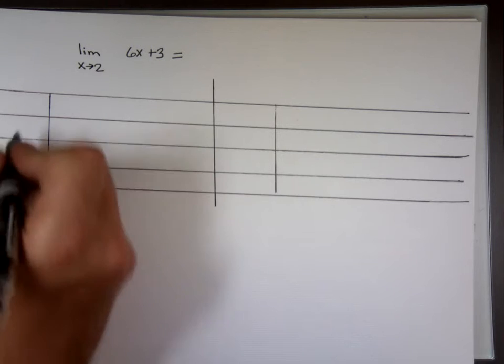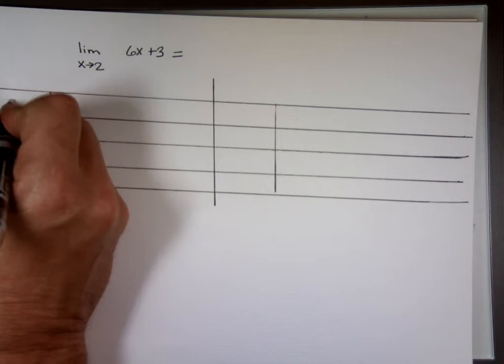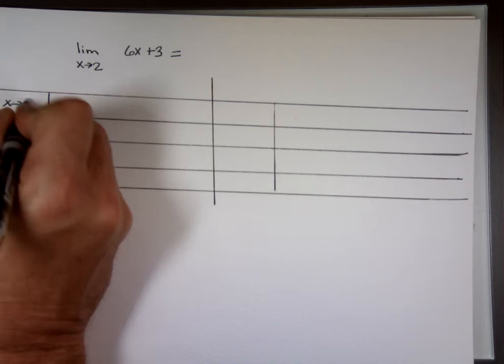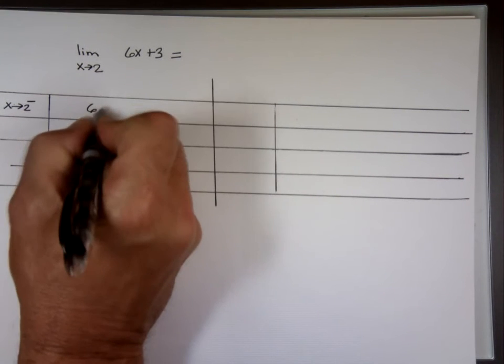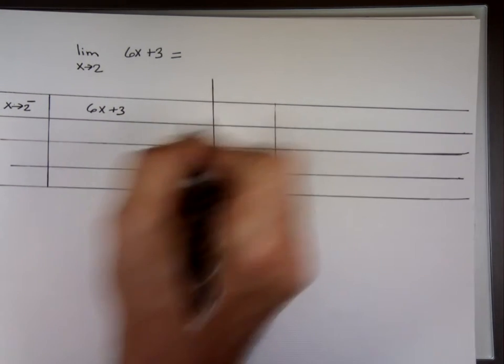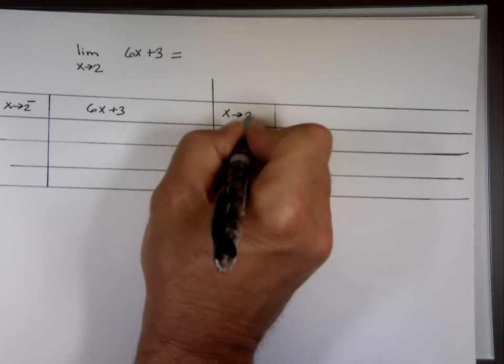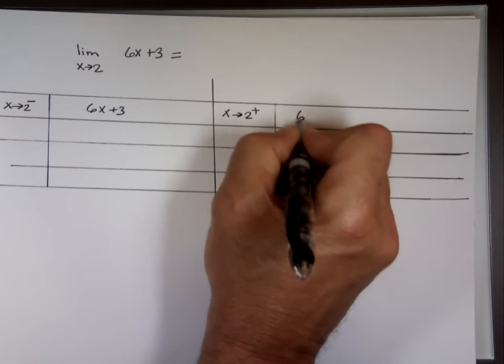So this is x approaches 2 from the left side of 6x plus 3. This is x approaches 2 from the right side, 6x plus 3.